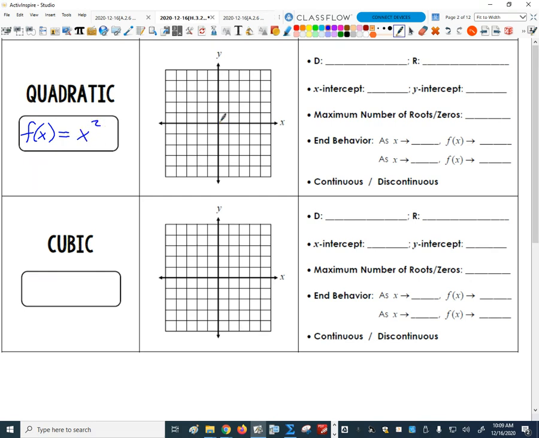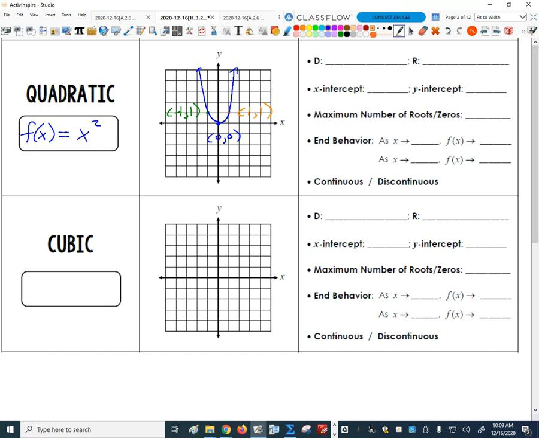That's going to give us a point at (0, 0), which is the vertex, a point at (1, 1), and a point at (-1, 1). Then I just have to graph the parabola that goes through those points. So it looks sort of like that. You get the idea, right? Instead of a V, it's a U. The absolute value is a V shape. This is a U shape.